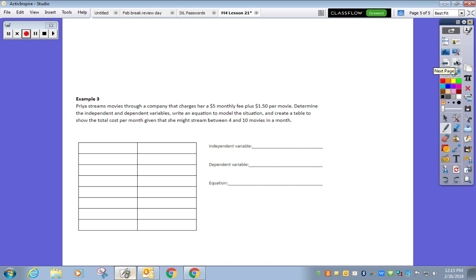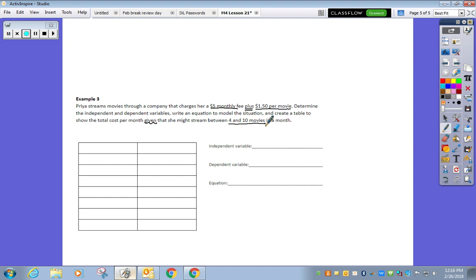Okay, and then our last example, Priya streams movies through a company that charges her a $5 monthly fee plus $1.50 per movie. Determine the independent and dependent variables, write an equation to model the situation, and create a table to show the total cost per month given that she may stream between 4 and 10 movies in a month. So once again, in this case, her total cost is going to depend upon how many movies she watches.